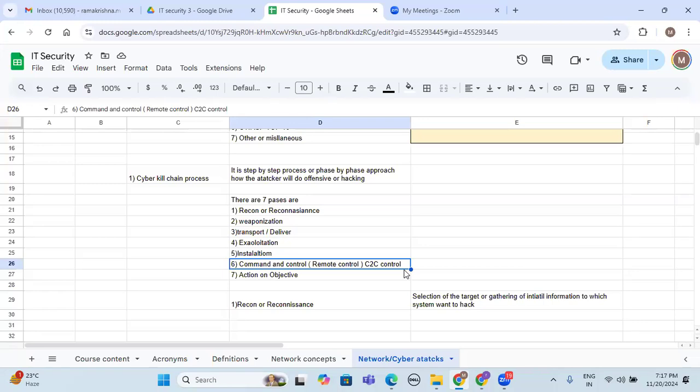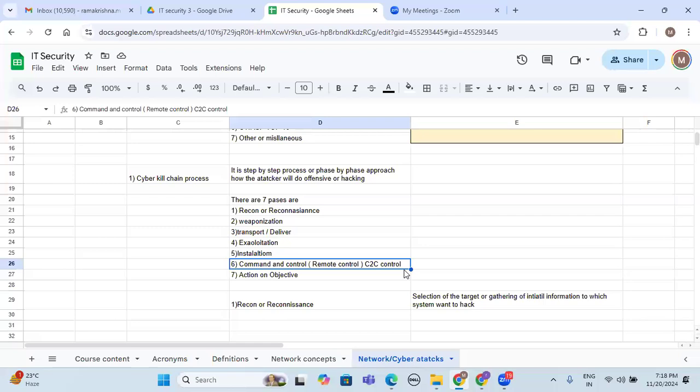That means you can provide a bribe and ask a TCS employee what IP address is being used in the organization, so that they give the range of IP addresses, either 10 series, or 172.16 series, or 192.168 series.